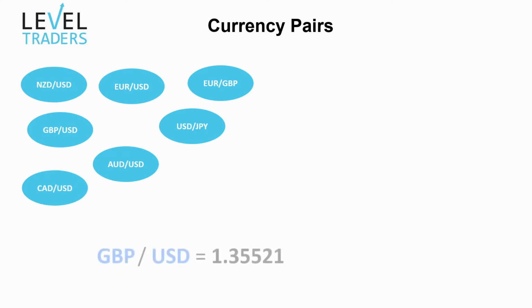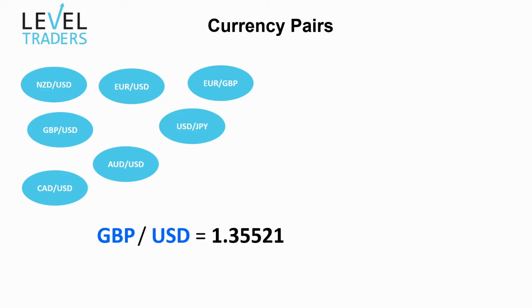As I mentioned in the euro dollar example, you're always buying or selling the first currency whilst doing the opposite for the second currency in the quote. So in this example, the sterling dollar, if I buy sterling dollar at that rate, I'm buying sterling and at the same time selling dollars. The base currency is always on the left-hand side of the currency pair, and the quote is always on the right.